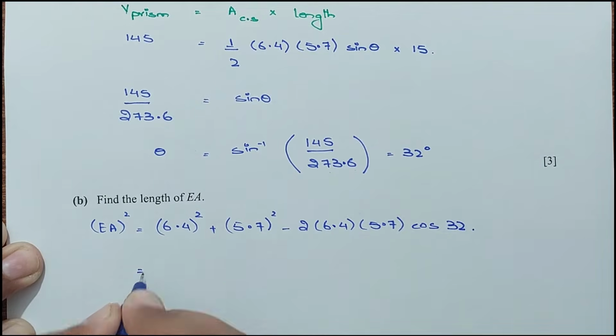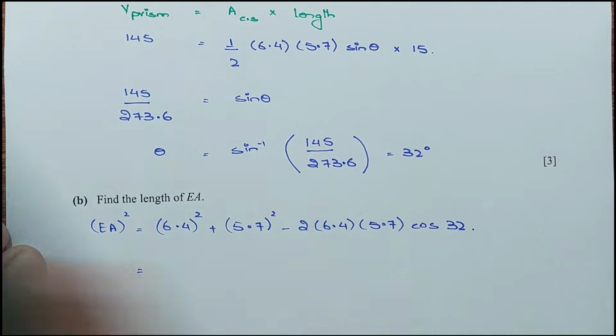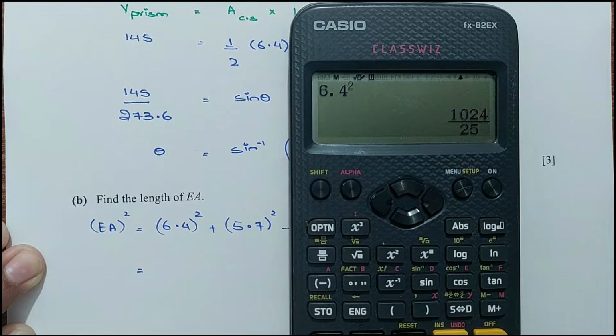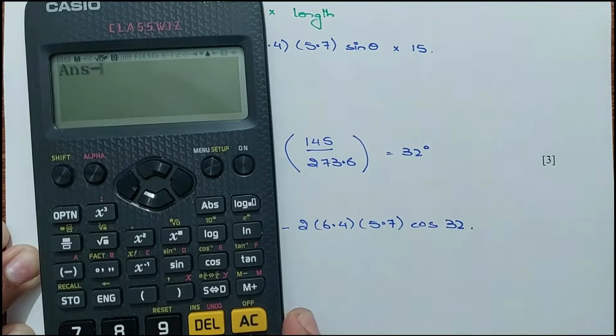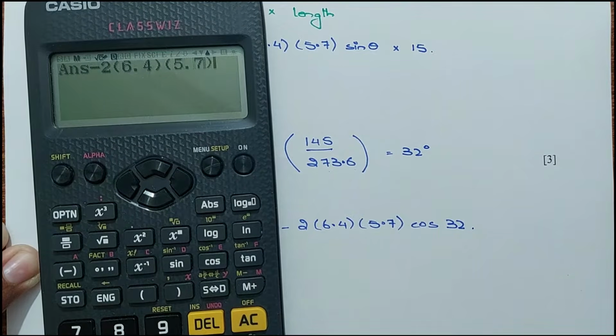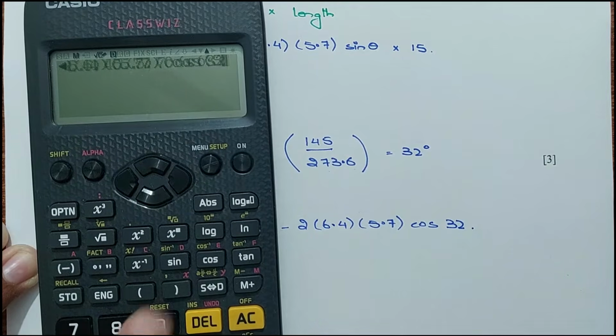Right, now let me simplify this. 6.4 squared plus 5.7 squared minus 2 times 6.4 times 5.7 times cos of 32.